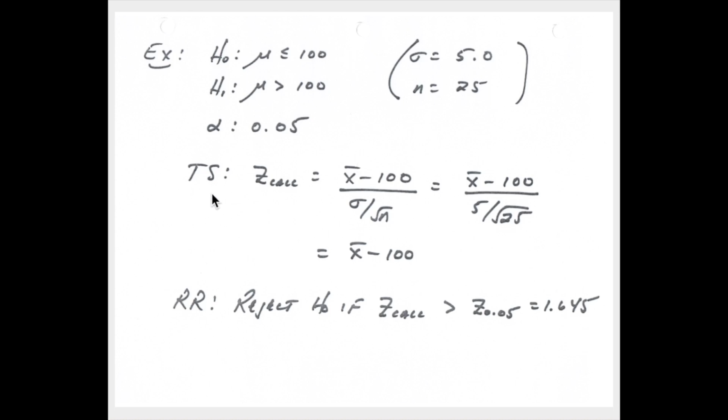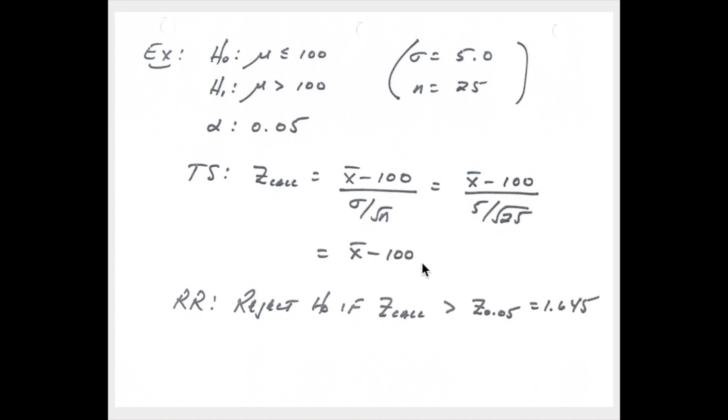Then I'm going to write down the formula for my test statistic. I'm not going to plug in a value for x bar. I'm writing out the generic formula here, plugging in the hypothesized value and the values of any known population parameters or sample sizes. So zcalc, the formula for the test statistic, is x bar minus the hypothesized value of 100, over the standard error of x bar, sigma over the square root of the sample size, so 5 over the square root of 25.